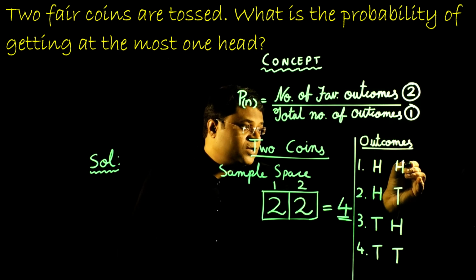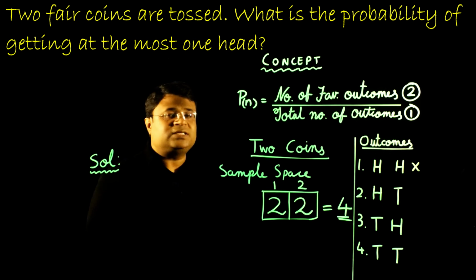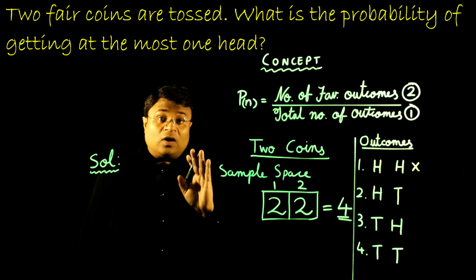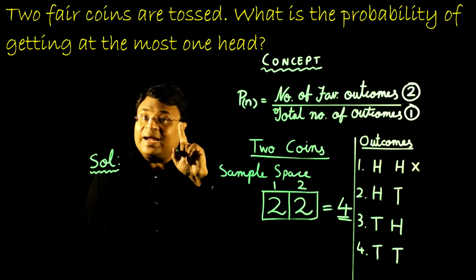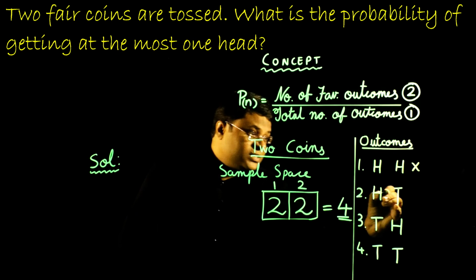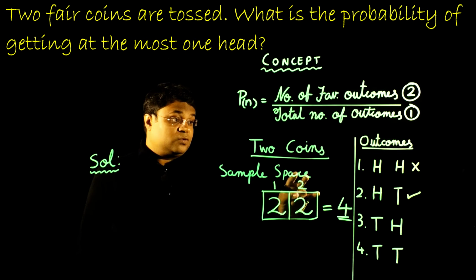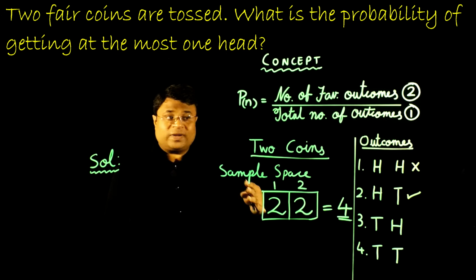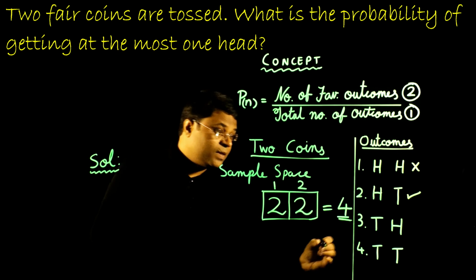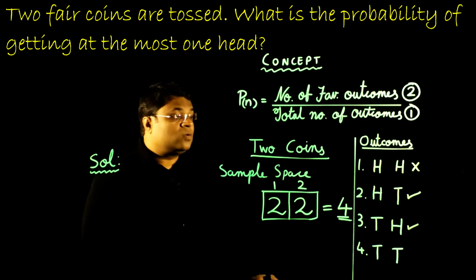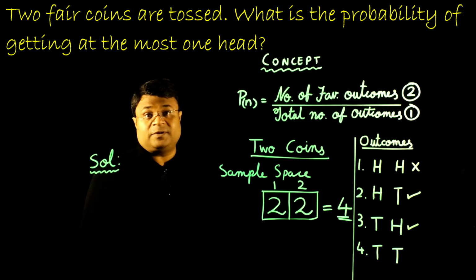So, of course, we don't want it, because the condition says we can only tolerate at the most one head. This is, of course, selected and accepted because at the most one head, so yes, we have one head. Here also, at the most one head, so we accept.